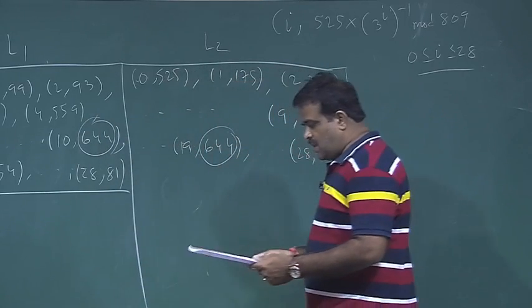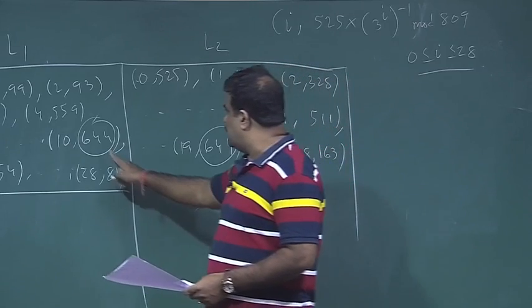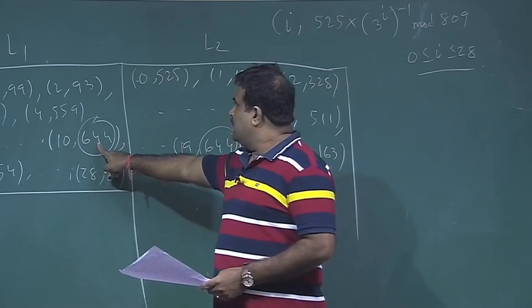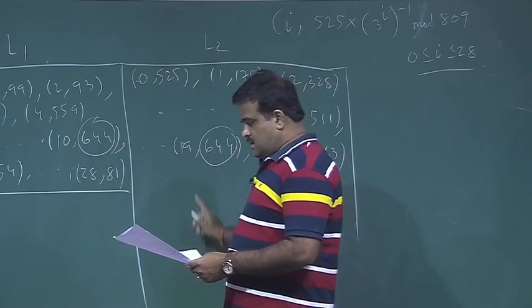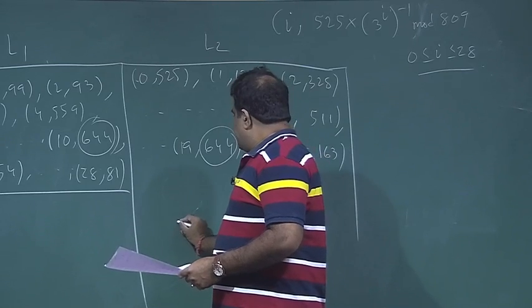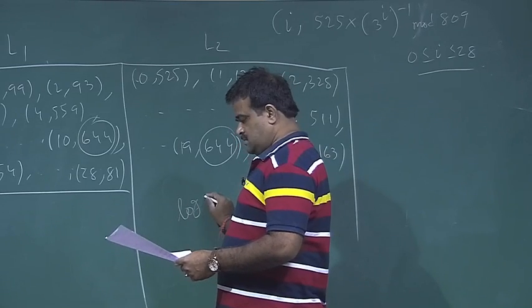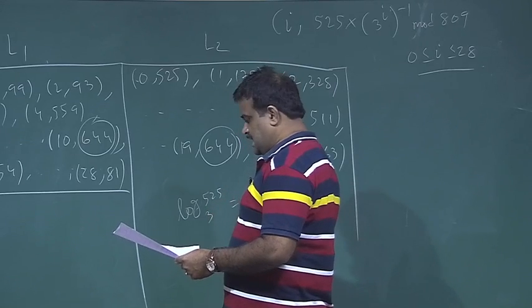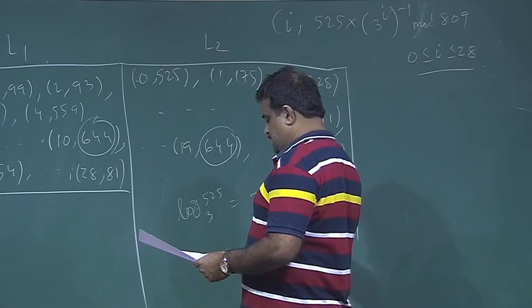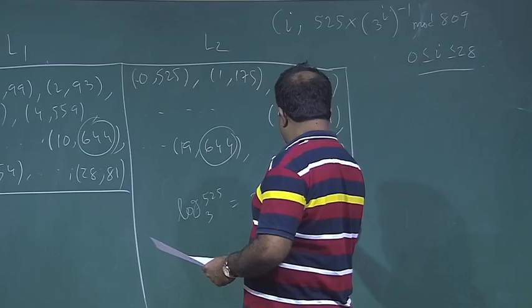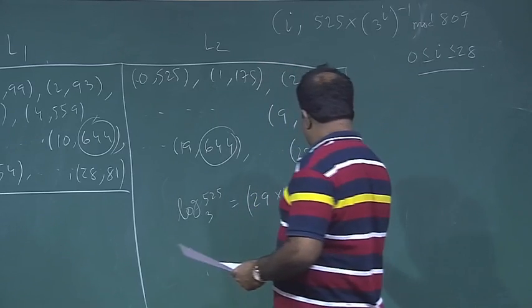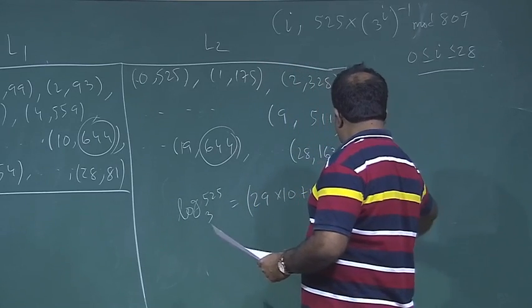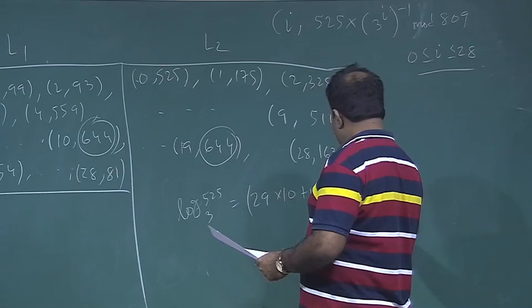If this is our y, then that means this is our corresponding j, and this is our i. Hence we get log of this 525 base 3 is basically 29 into 10 plus 19 mod 808.